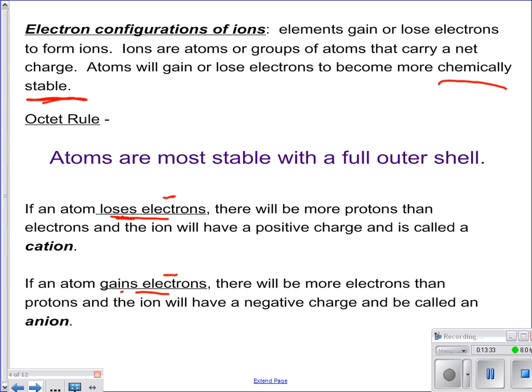When you lose electrons, you become more positively charged. That is known as a cation. Anions are negatively charged ions. Maybe you want to remember this as cations, there's your positive, and anions, I will underline the N for negative. So you need to remember the charges of those ions.